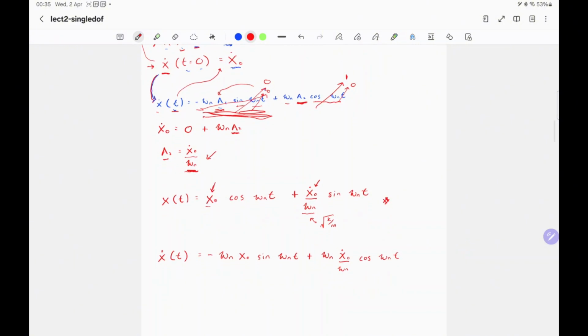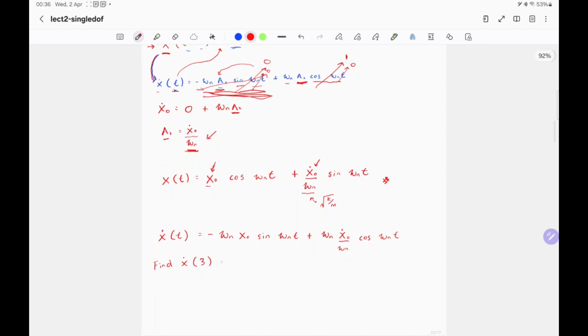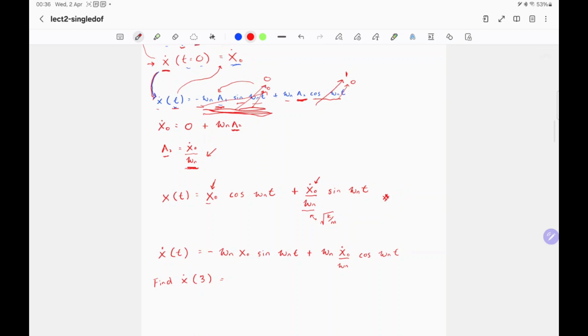So if the question asks you to find x dot when time is equal to 3 seconds, and you already identified A1 and A2, and the question already provides you with x naught and x dot naught, you can straight away replace t with 3, because the question asks what is x dot at 3 seconds.